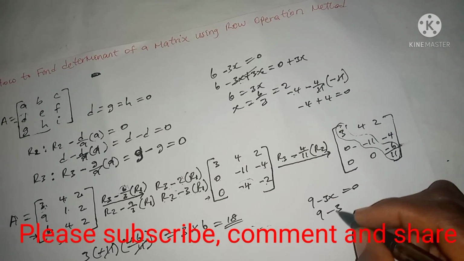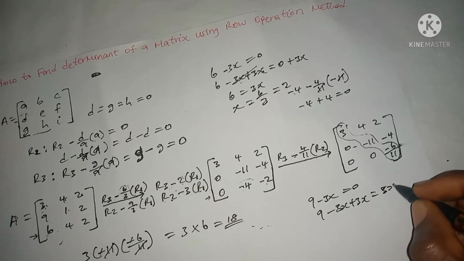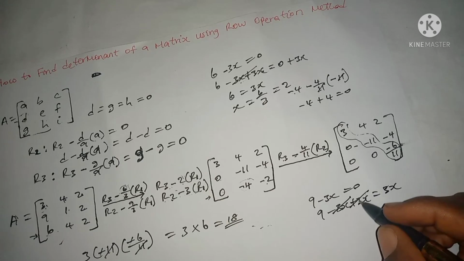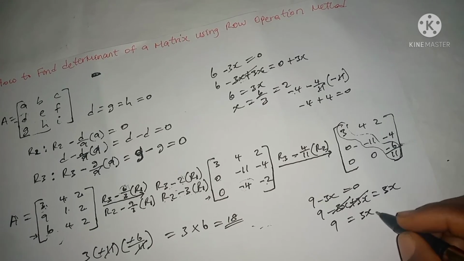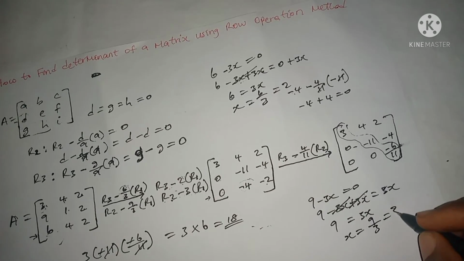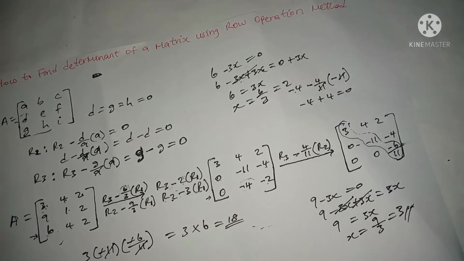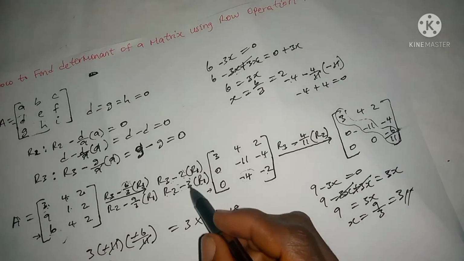So 9 minus 3x plus 3x equals 3x. This minus 3x and plus 3x will cancel. Now I'm left with 9 equals 3x. Then our x will be equal to 9 over 3, which is equal to 3. And that's how I got this 3 here now.